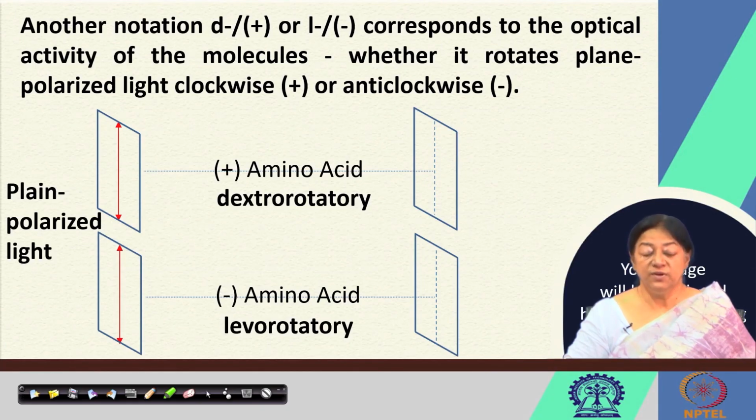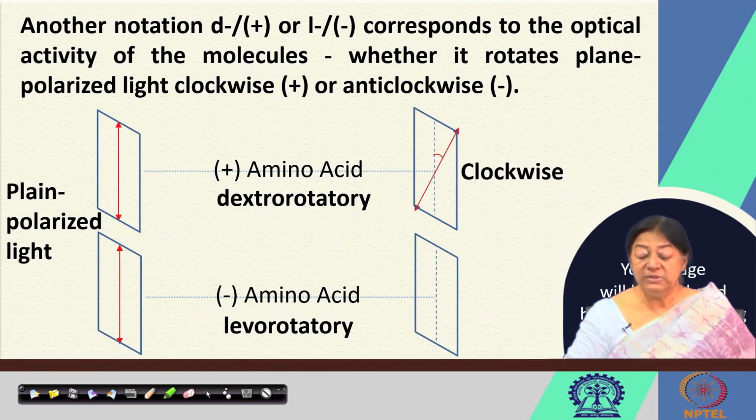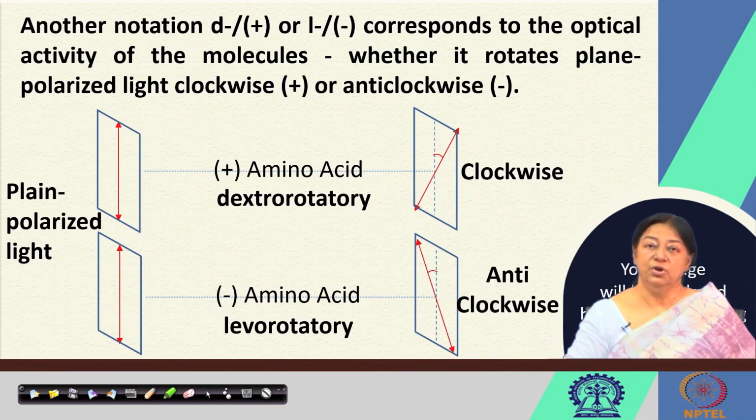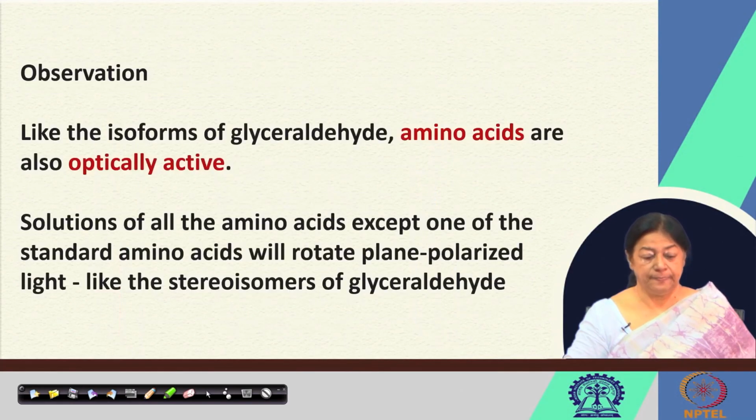The optical activity of the molecules tells us whether it rotates the plane polarized light to the left or to the right. Is it clockwise or is it anti-clockwise? So if we look at plane polarized light that is shone on a plus amino acid, that is dextrorotatory, and a minus amino acid, that is levorotatory, we will see a clockwise rotation of the plane polarized light or an anti-clockwise rotation of the plane polarized light, giving us optical activity.